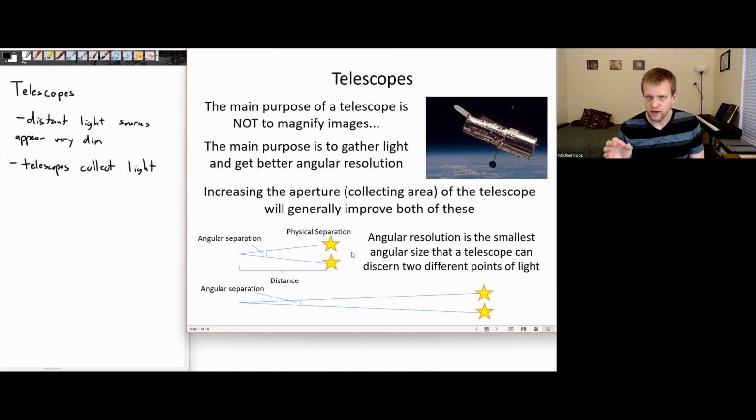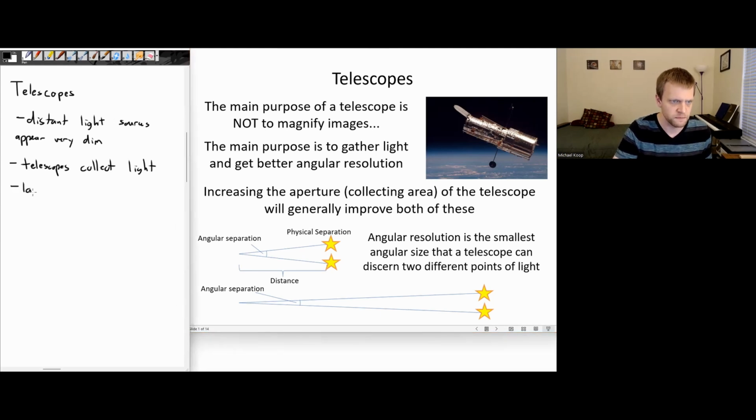So if I'm trying to see a small detail on the sky, I want my telescope to have a very good angular resolution to be able to discern those really, really small details. And again, increasing the size of the telescope both collects more light, and for reasons that we're not going to go into, larger telescopes also have this better angular resolution.